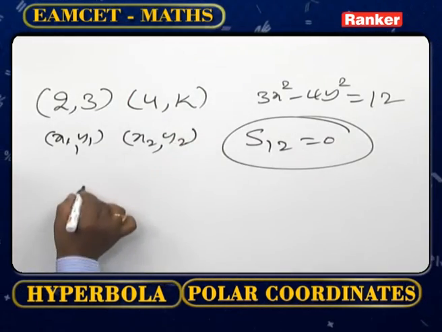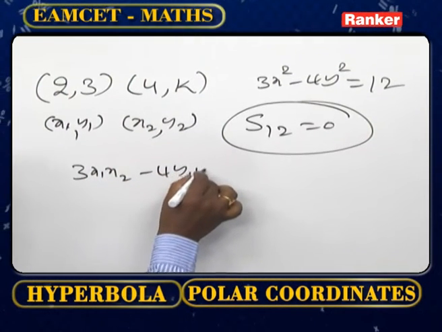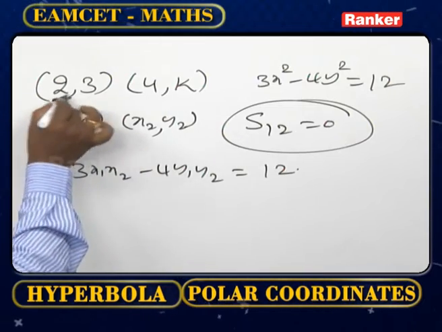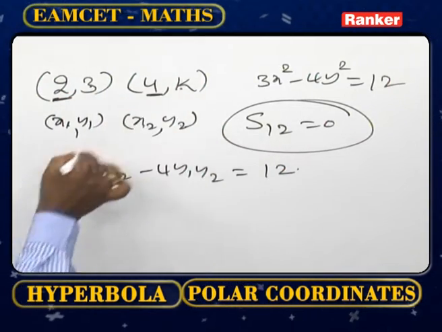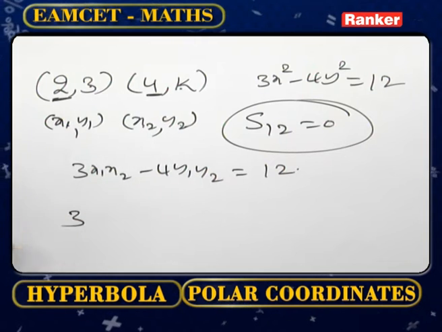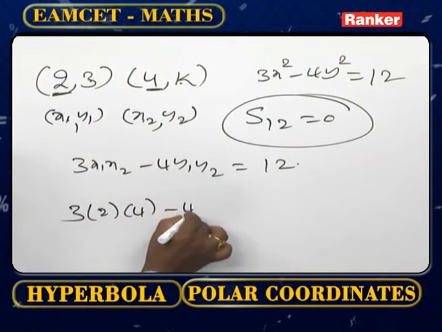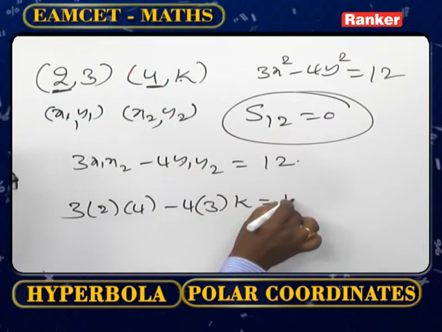Now, S12 is nothing but 3x1 x2 minus 4 into y1 y2 equals to 12. Here x1 equals to 2, x2 equals to 4, y1 equals to 3, y2 equals to k. Substituting in this equation, 3 into 2 into 4 minus 4 into 3 into k equals to 12.